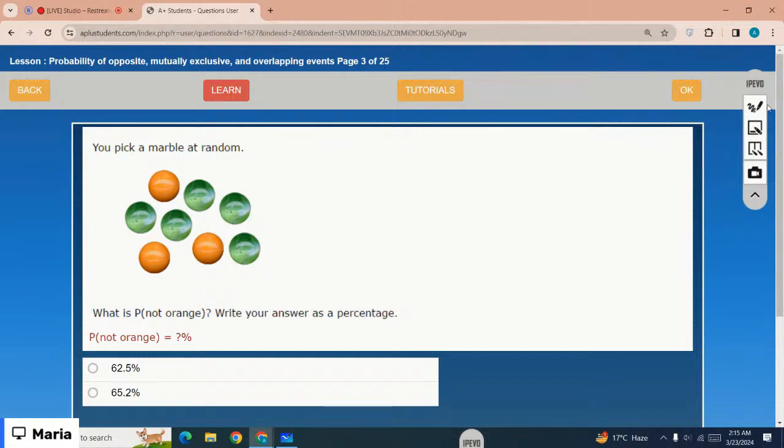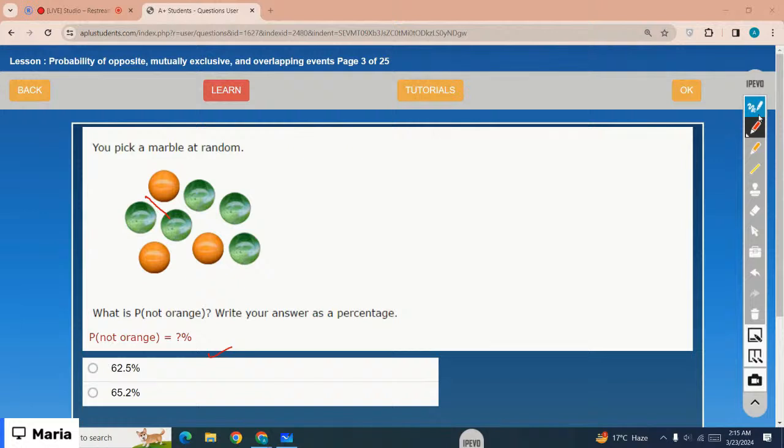You can calculate it like this. That would be 1 minus the probability of orange.